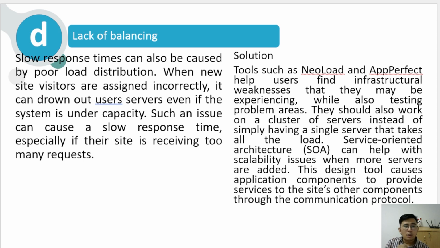So it can drive users away if we have a slow response time, or even a server with under capacity. It would be an issue that makes the server receive too many requests before making a response.